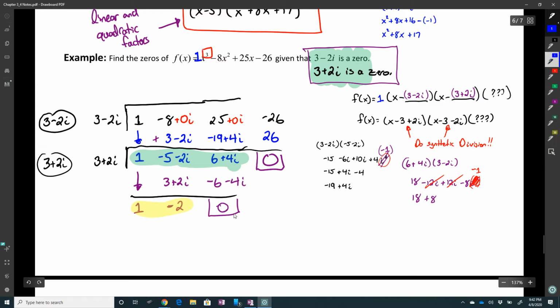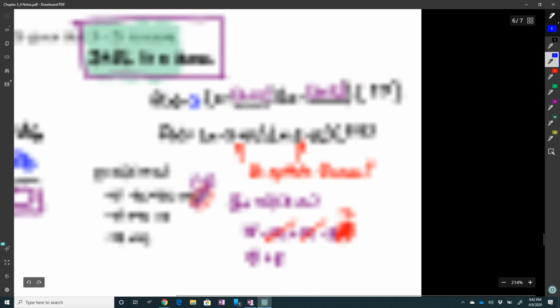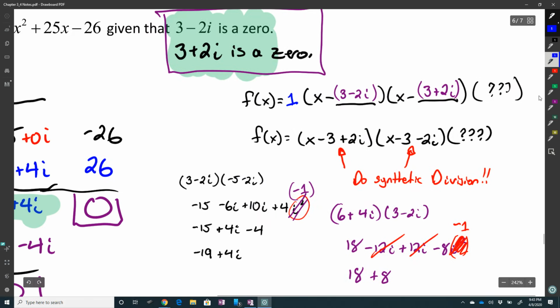Now look what our quotient becomes. So we've successfully divided by this first factor, we divided by the second factor, and if those two are gone, all that's left is the missing factor.